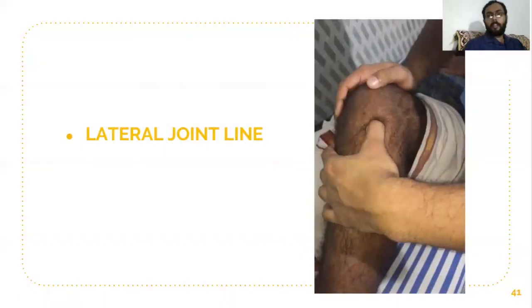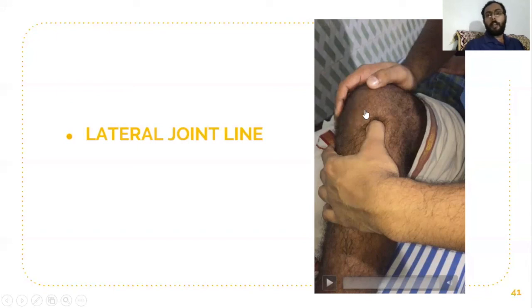Summarizing the applied anatomy, the knee joint is the largest joint, with two articulations, and please remember the intracapsular ligaments and extracapsular ligaments and their attachments. The extensor apparatus of the knee is very important, and the patellar ligament, medial joint line, and lateral joint line are tested in a 90-degree flexed knee joint.